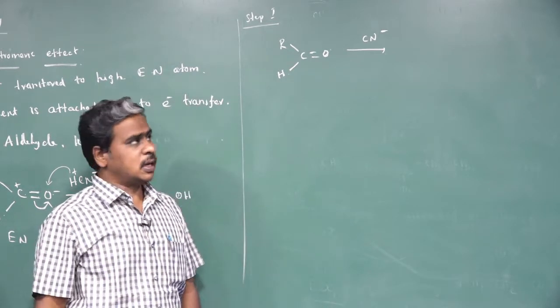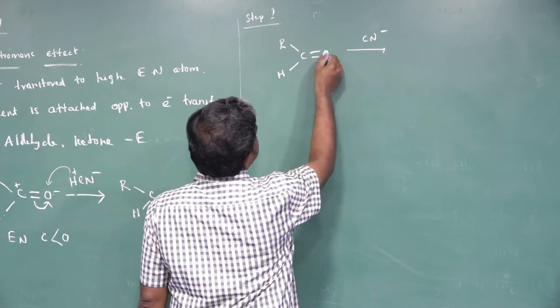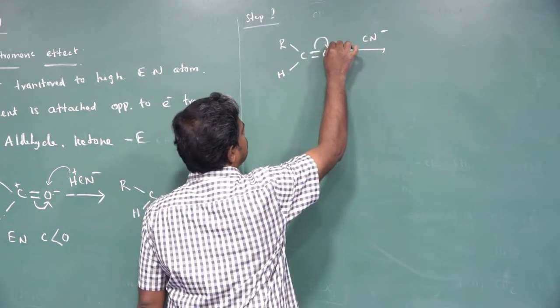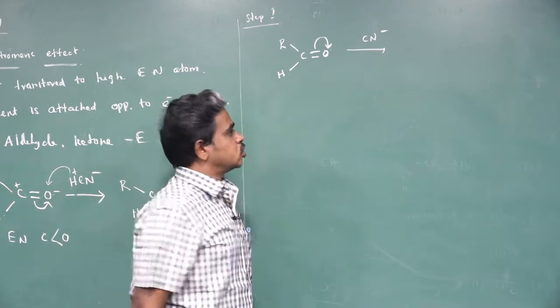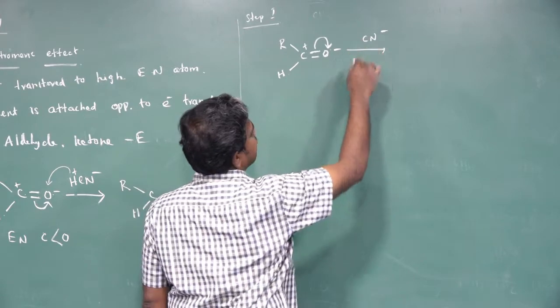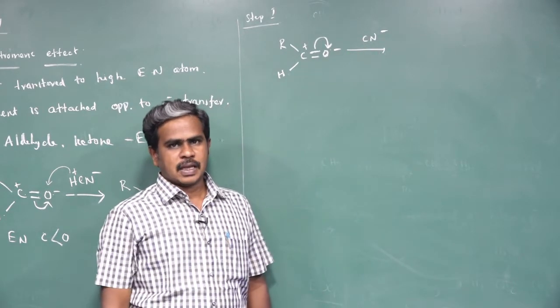Why is it reacted with CN minus? Here the oxygen is the highest electronegative, so the pi bond is transferred to oxygen, so that it is getting a negative and positive, and CN minus is a nucleophile.